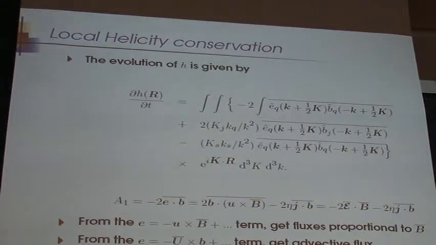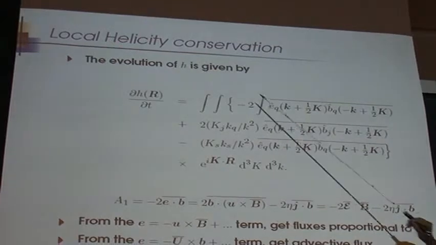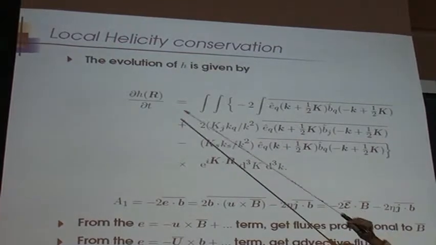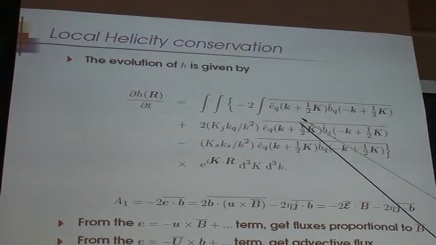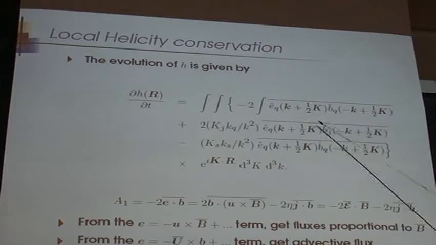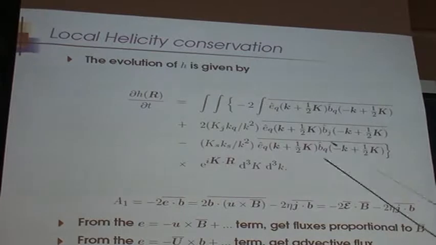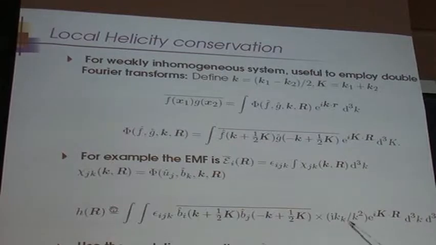Okay? So I won't really go into all those things, but if you plug in the previous expression and take the time derivatives and write down the evolution of small h in terms of time, you get the following terms. You get various combinations of E and B, the electric field and B. And there are various combinations of capital K, which come because of this term, K by K squared.